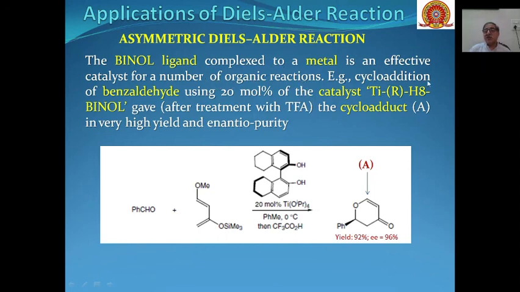One example is cycloaddition of benzaldehyde using 20 mole percent of the catalyst, this catalyst BINOL, and this type of cycloadduct was formed in high yield and enantiomeric purity; the yield was 92% and the enantiomeric excess of the product was 96%. So a highly enantioselective reaction takes place using BINOL ligands as the catalyst in combination with titanium isopropoxide.